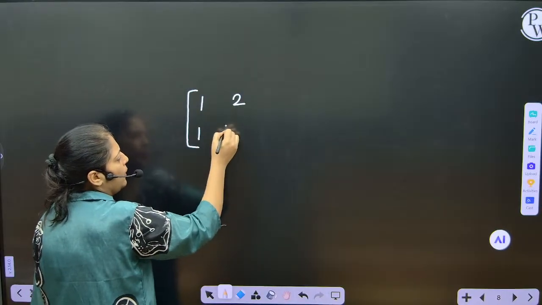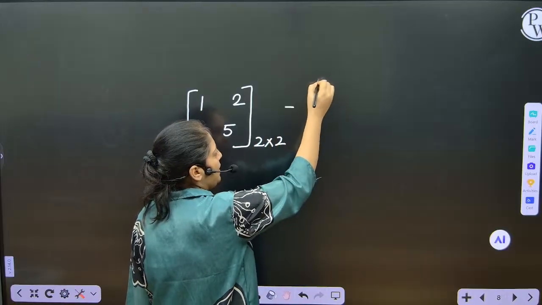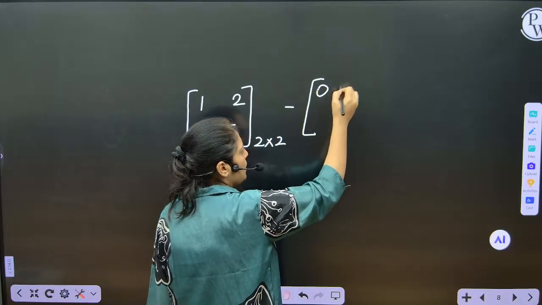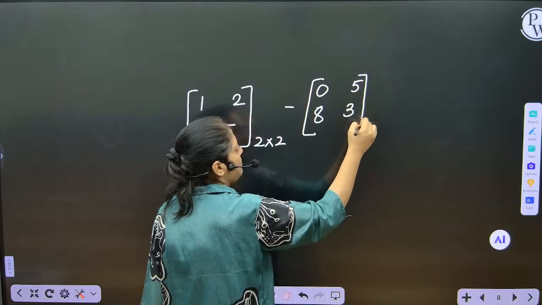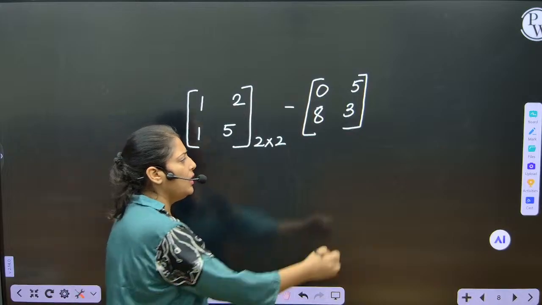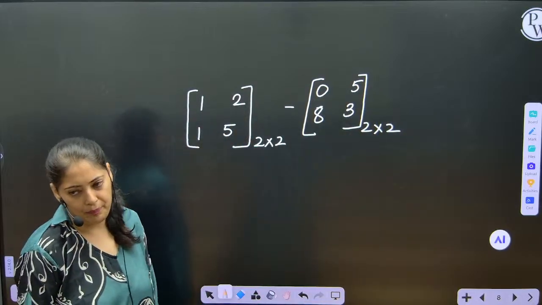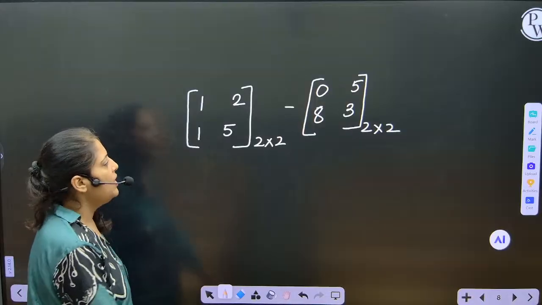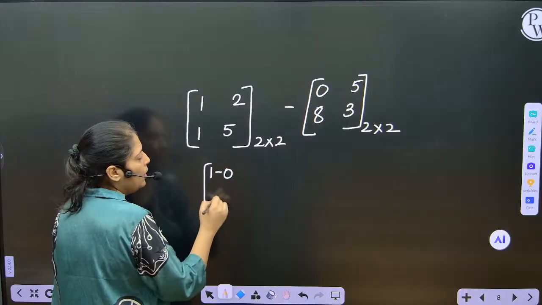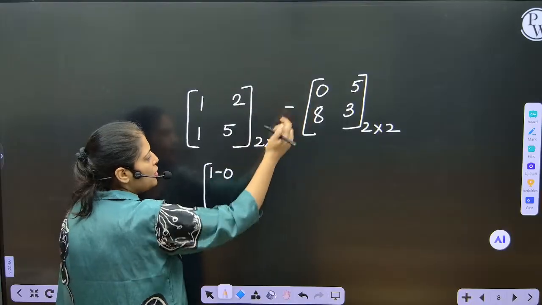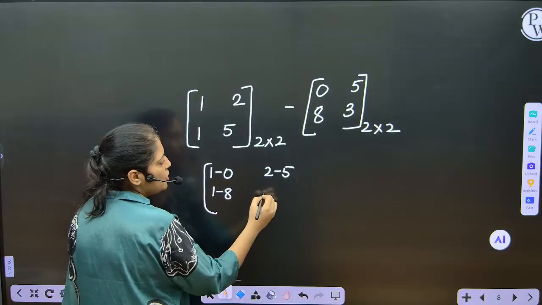So I'll take two matrices which have the same order. Randomly, 1, 2, 1, 5. Order is what? 2 cross 2. Subtraction I am doing with 0, 5, 8 and 3. Now subtraction is possible as the order is the same. So what does it mean now? Corresponding elements we have to subtract. 1 and 0 are at the same position, 2 and 5 are at the same position, 1 and 8, 5 and 3.